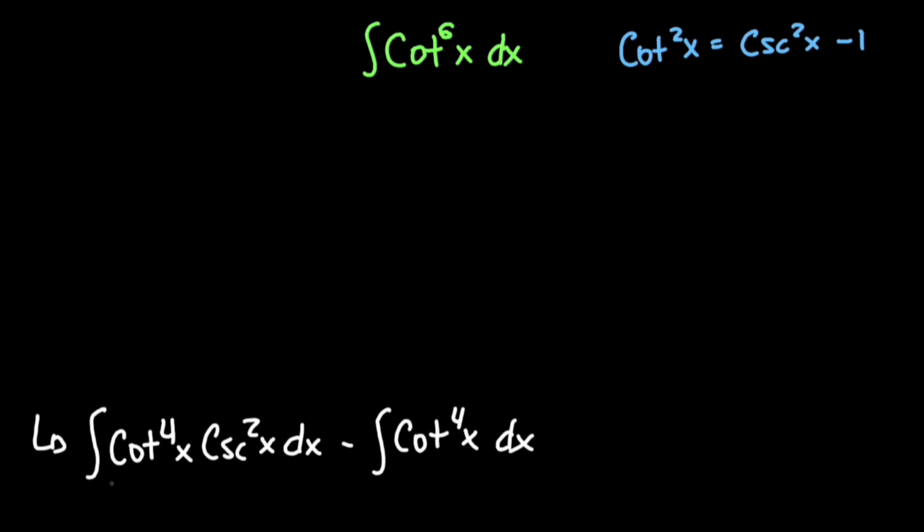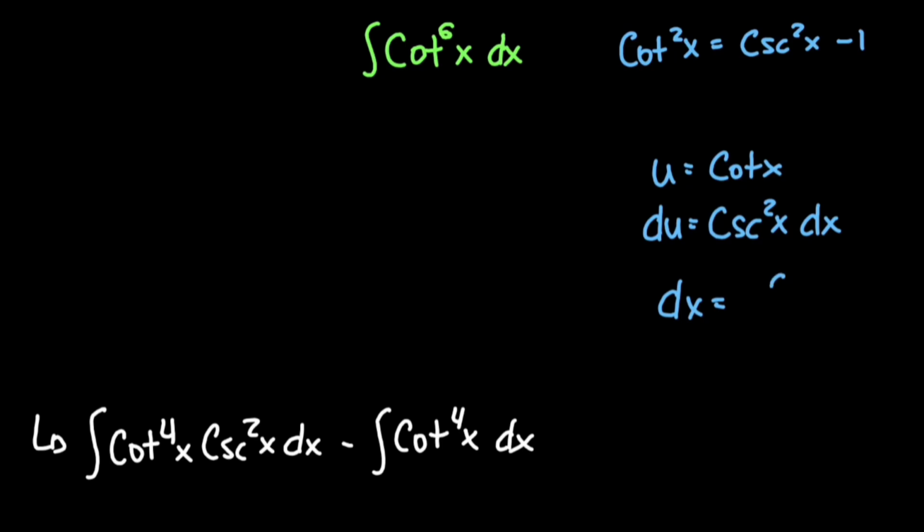And so, focusing on the first part, let u here be cotangent of x. The derivative of cotangent of x would be equal to negative cosecant squared of x multiplied by dx. So dx right here would be equal to du over negative cosecant squared of x.